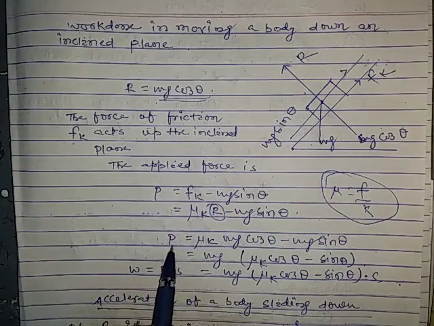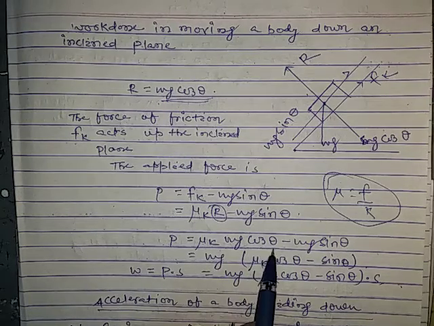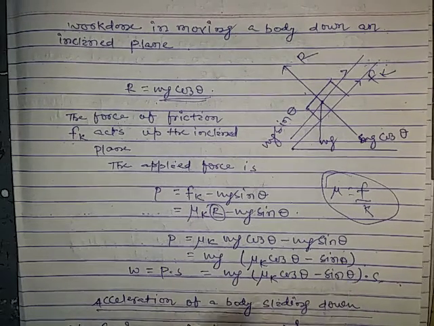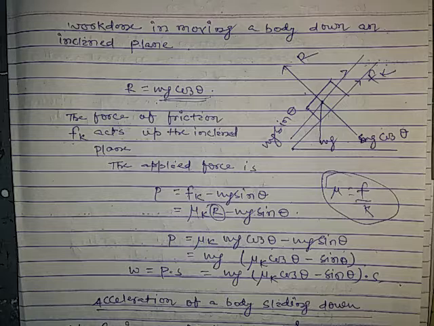So P is equal to mu k mg cos theta minus mg sin theta.